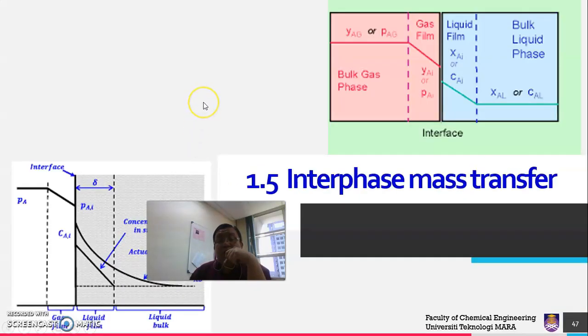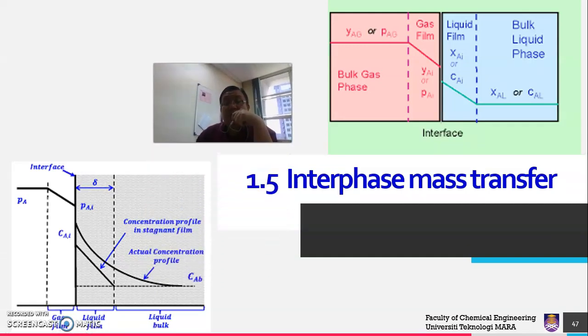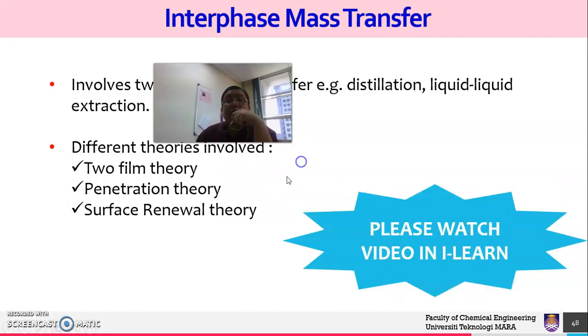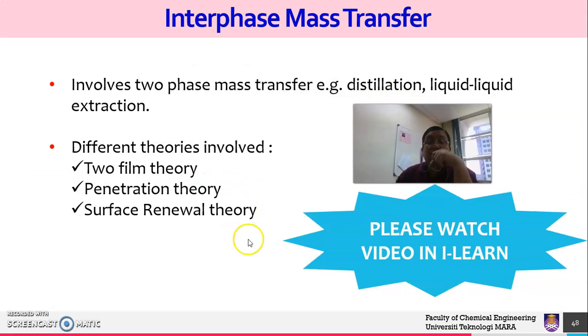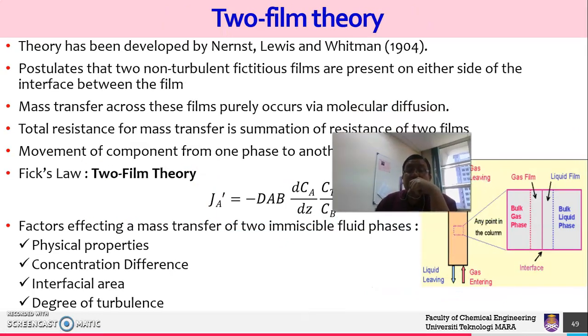Let's move on to the next one, which is interface mass transfer. Alright, so we have several modes of interface mass transfer, including the boundary layer theory just now. We have additional theories: two-film theory, penetration theory, and surface renewal theory. Okay, let's start with two-film theory.